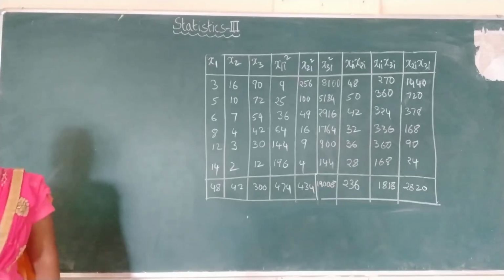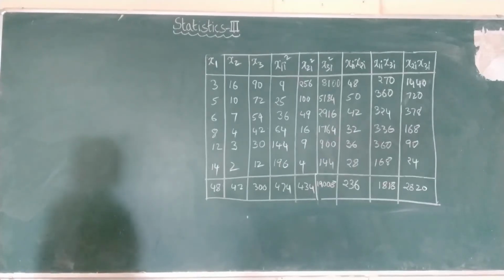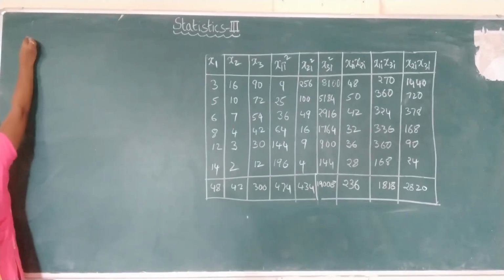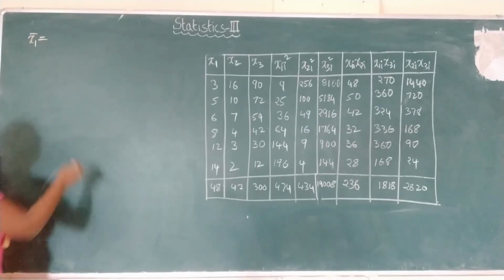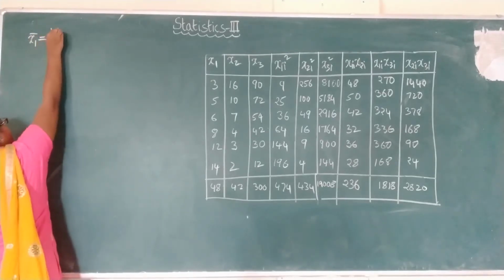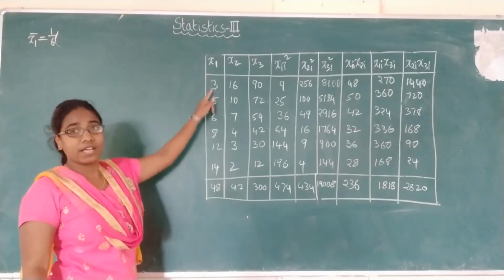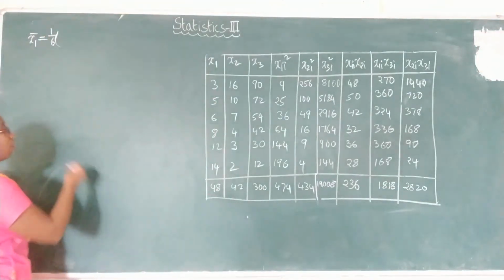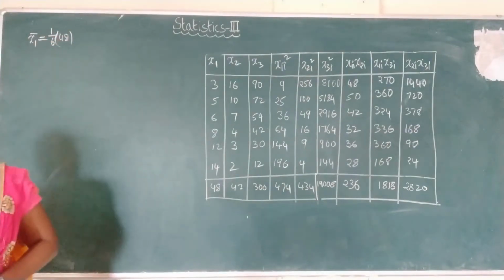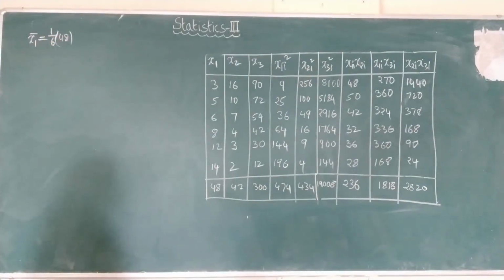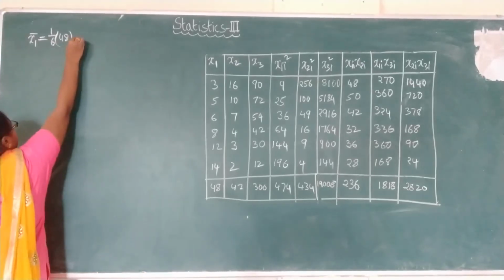So first I will be finding the mean values, that is x1 bar, x2 bar and x3 bar. Coming to x1 bar, total how many values? 6 values. So 1 by 6 into summation x1i, 48. So 48 divided by 6, 6 8s are 48. So x1 bar value is 8.